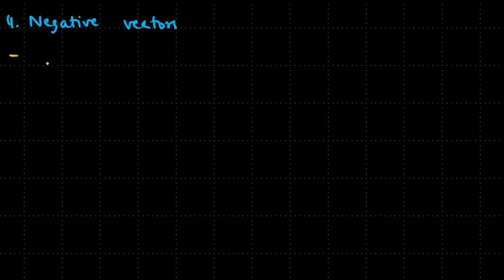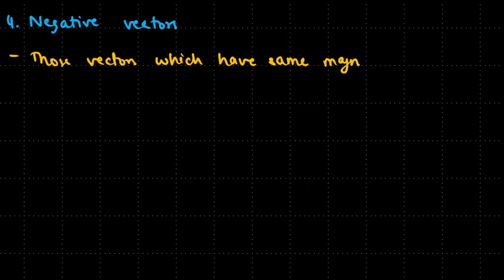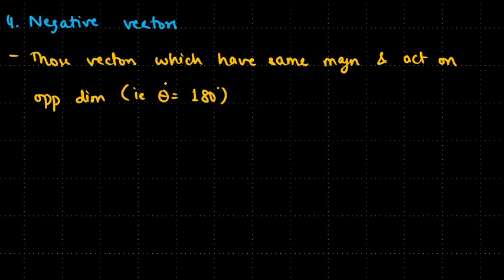Those vectors which have the same magnitude and act in opposite directions, which means the angle must be 180 degrees, right? So these are negative vectors. So theta must be 180 degrees.